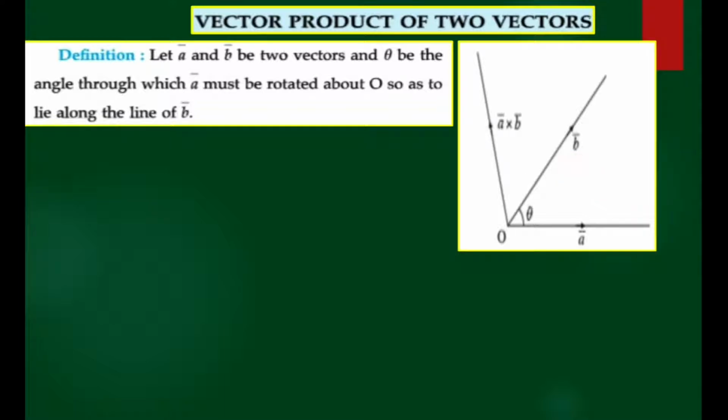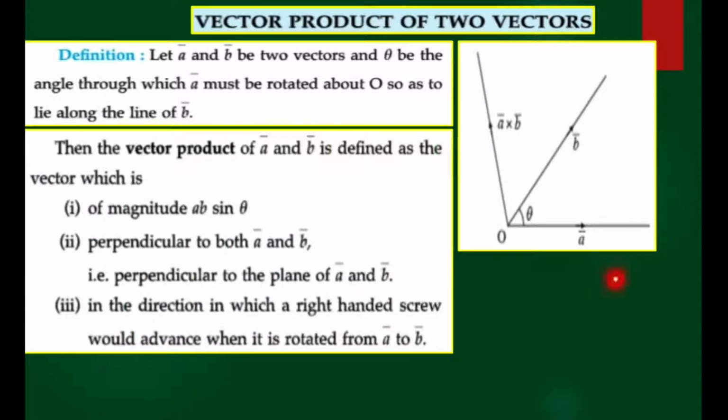We already discussed this while solving the problem in exercise 5.3, first question, where we solved by using the definition of vector product. So we discuss points related to it. The vector product of vector A and vector B is defined as the vector which is, first, of magnitude AB sin theta.